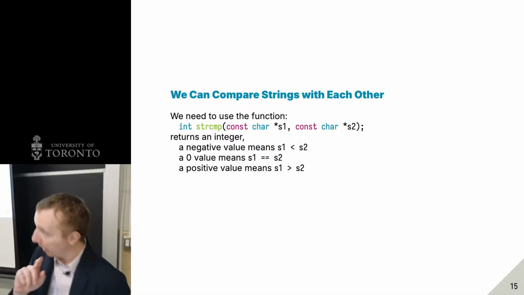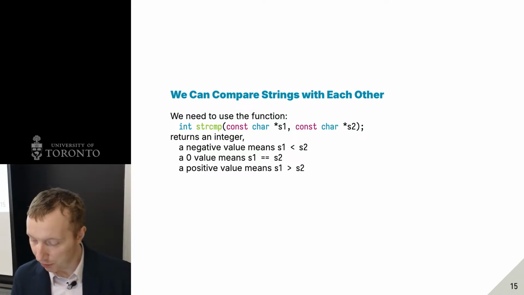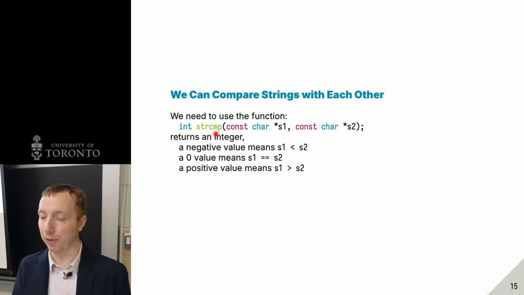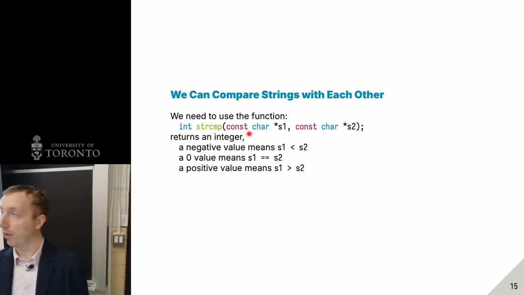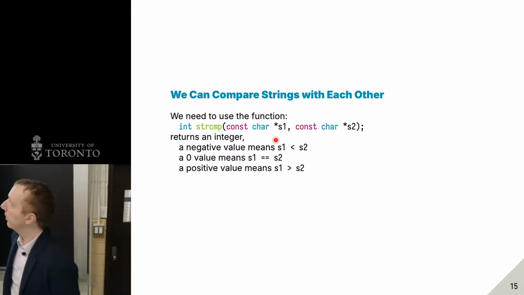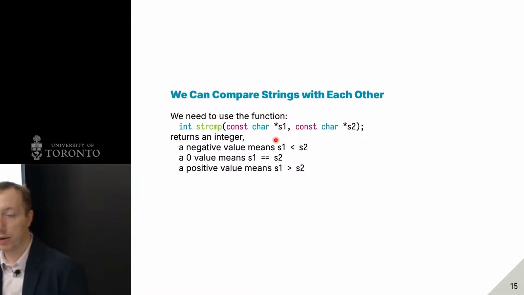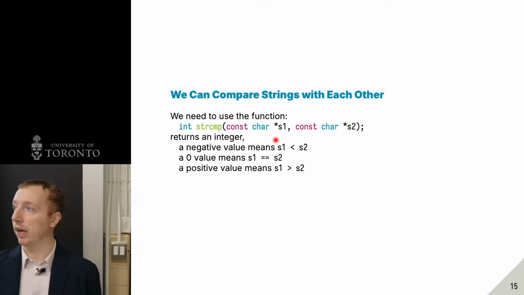All right, other thing. So you can compare strings with each other. So you can use the function strcmp, so short for string compare. And this only reads the strings and it compares one string to another. You might see it does not return a Boolean or anything like that. It returns an integer. That integer signifies a few things.